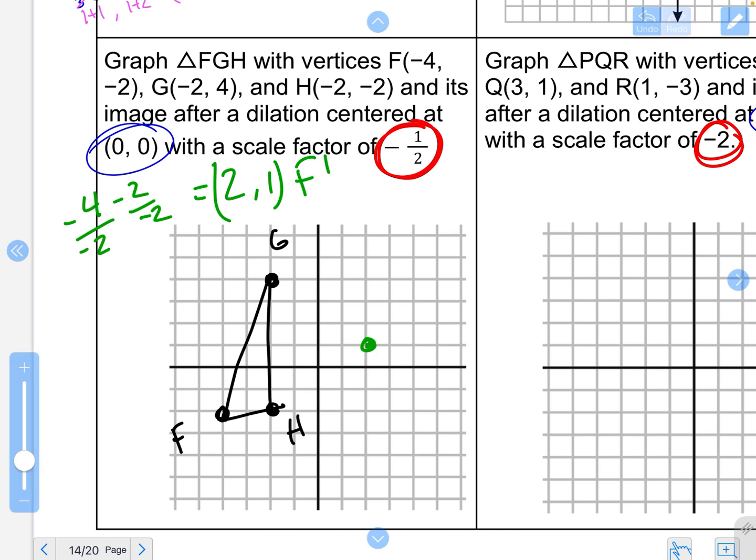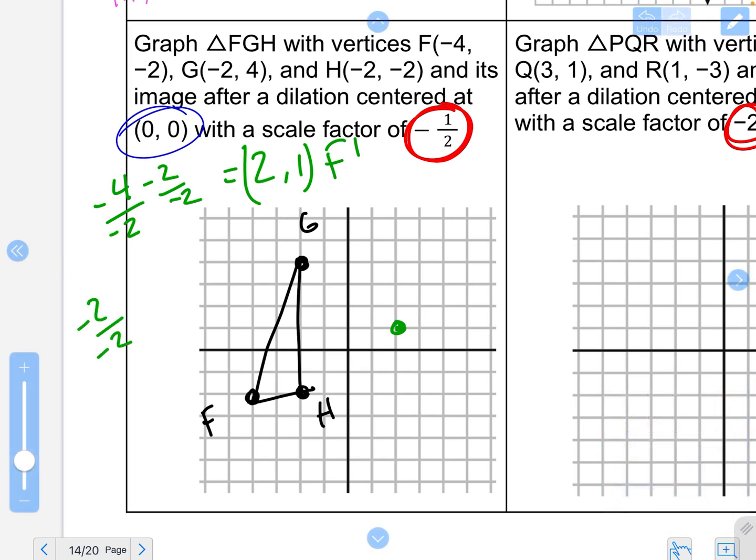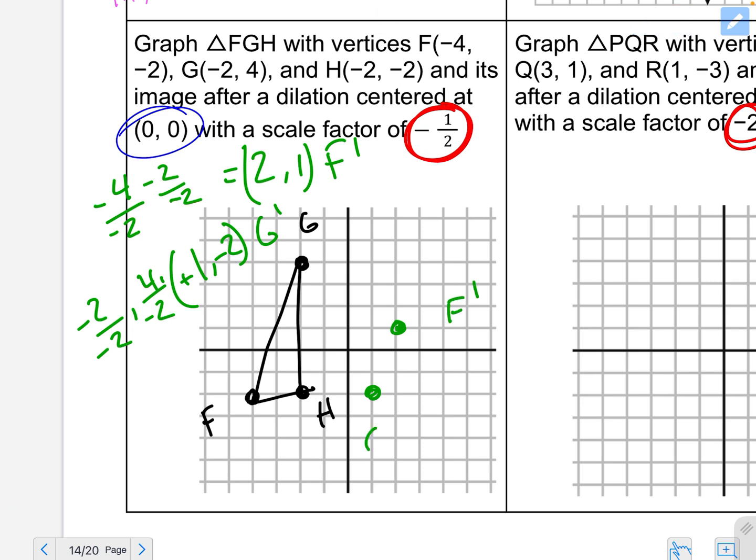And then we've got -2 divided by -2, 4 divided by -2. So we get a +1 and a -2 for G prime. So +1, -2, so that's F prime, G prime.